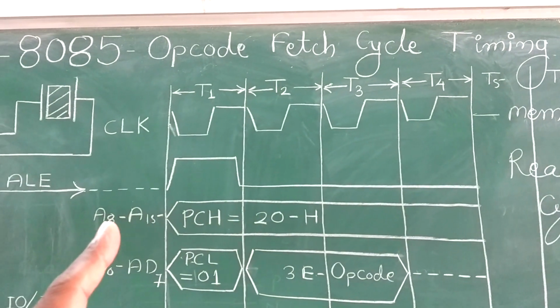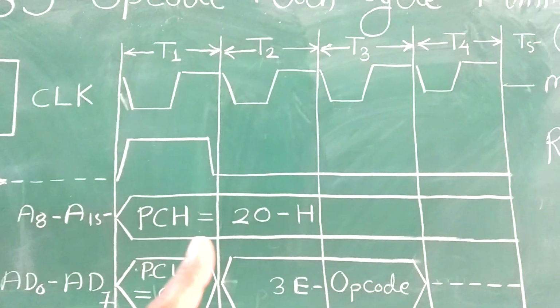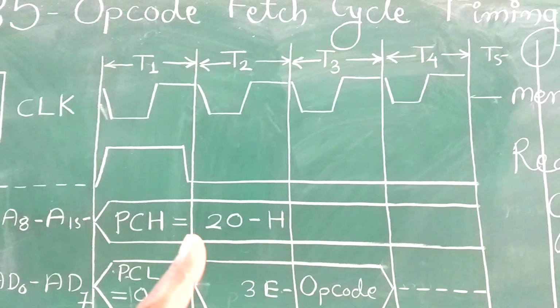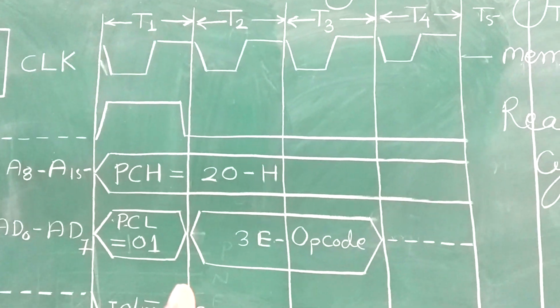Now the higher order address bus A8 to A15 will be loaded by the higher address, say we have taken 20, lower address 01.